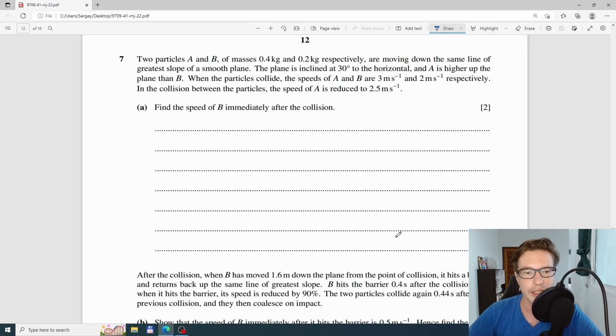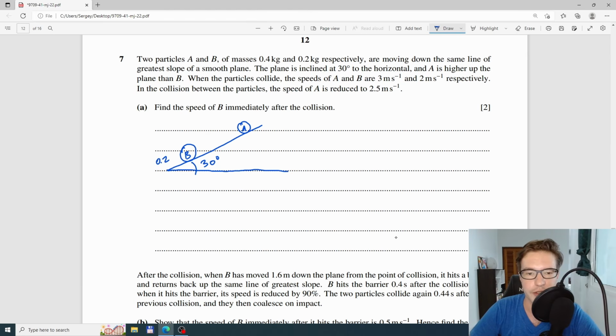Okay, let's have a look at the last question, 7a. Again, I'm going to draw a diagram. We have an inclined plane. The angle is 30 degrees. And we've got two particles, A and B. Particle A, particle B down there. The mass of particle B is 0.2 kilograms.